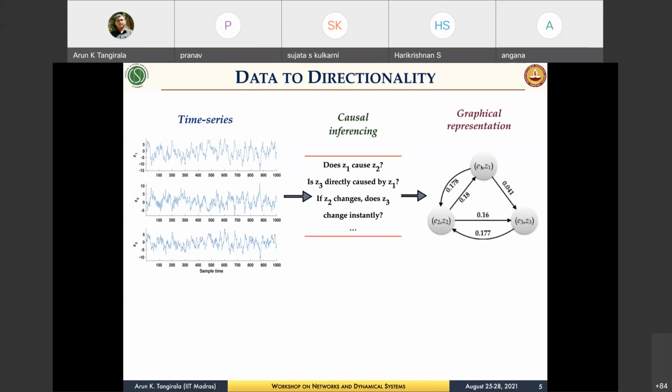So I'm assuming that each of these Z1, Z2, Z3 are stochastic signals, and they have, by their very definition, an inherent uncertainty. So the E1 is the inherent uncertainty in Z1, E2, and so on. And from the theory of time series modeling, we assume that E1s are white noise sequences, if not IID. But that is, as I said, one way of representing.